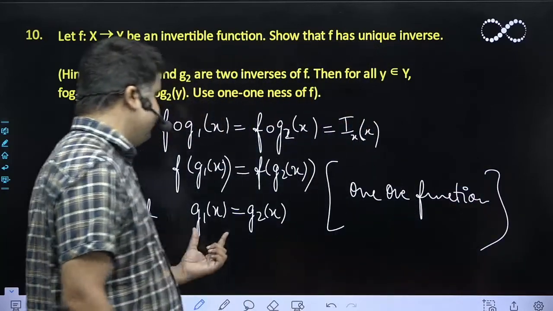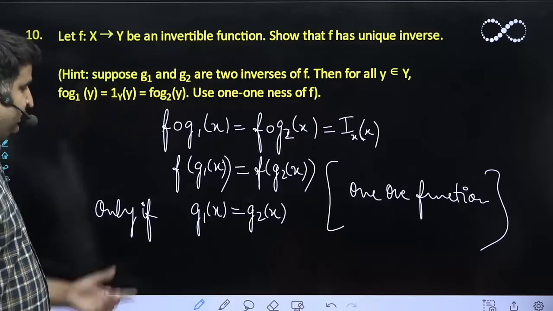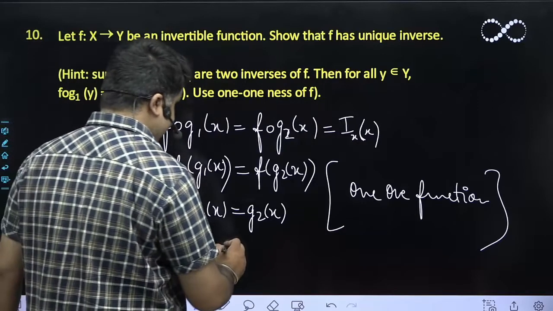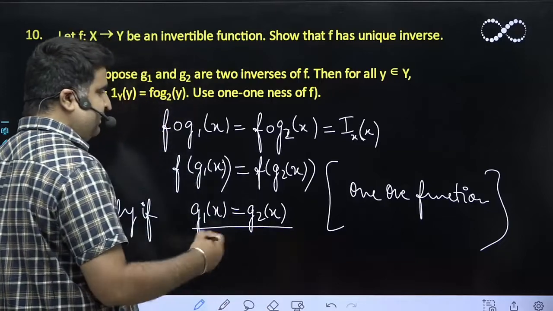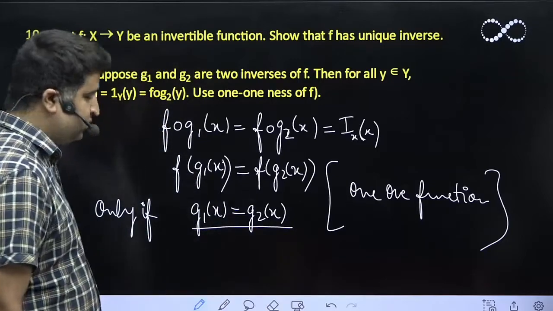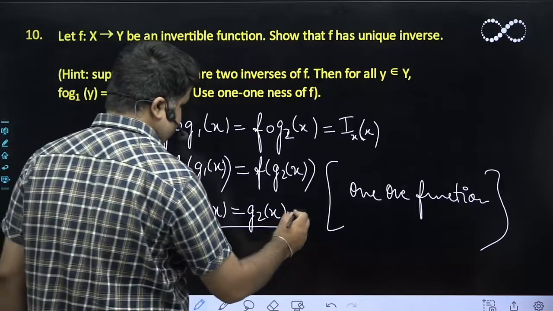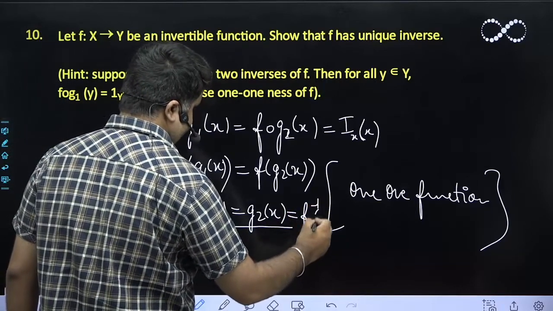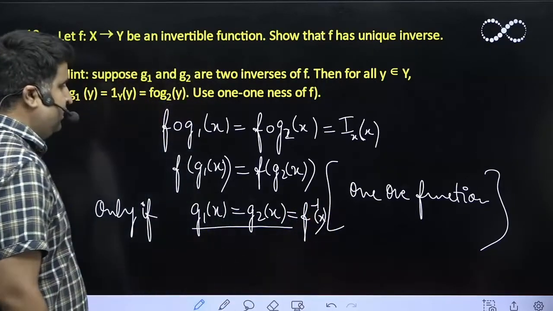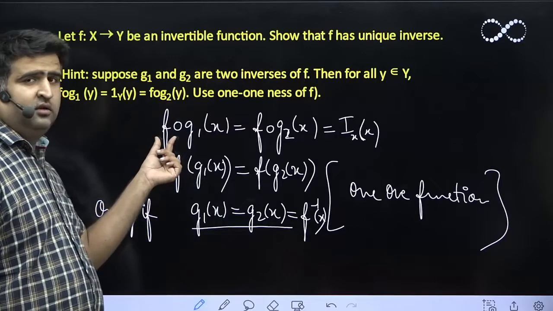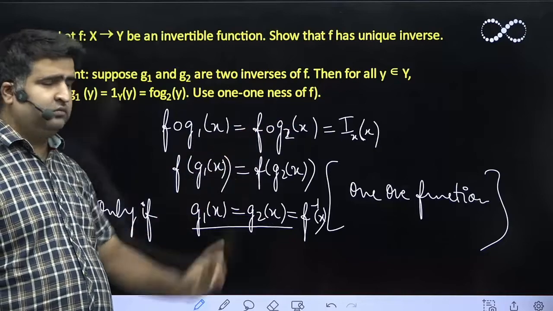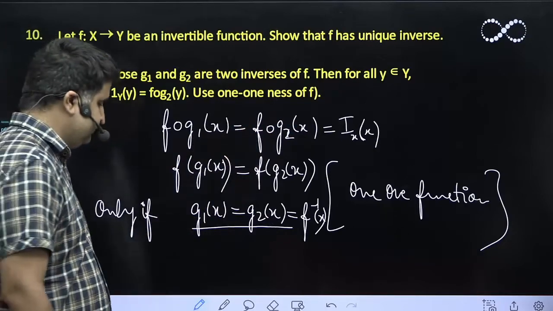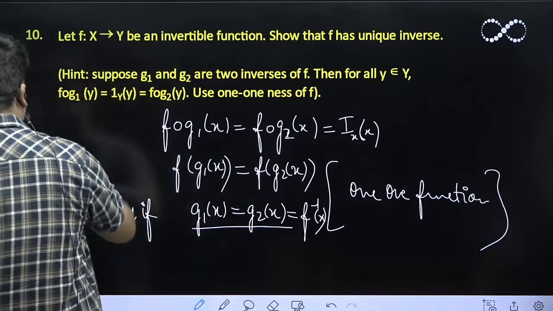So therefore g1(x) is equal to g2(x). Both functions will be equal and they will be equal to the inverse of f. Right? And why is that? Because f of g1(x) and f of g2(x) both are equal to identity. So let's move on to the next one.